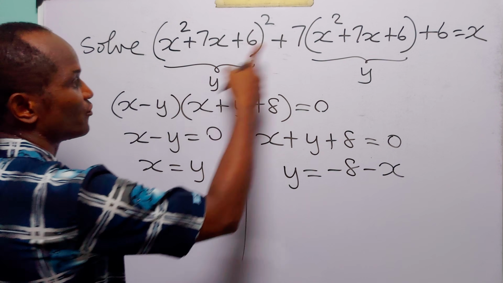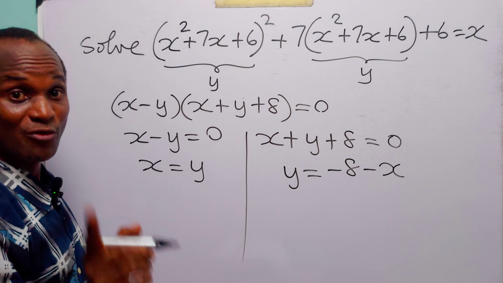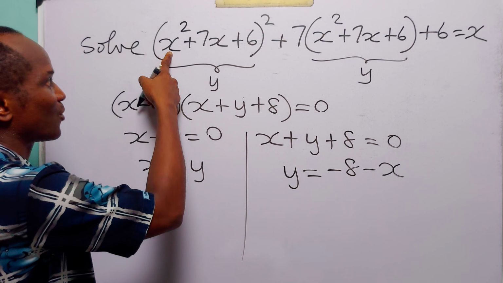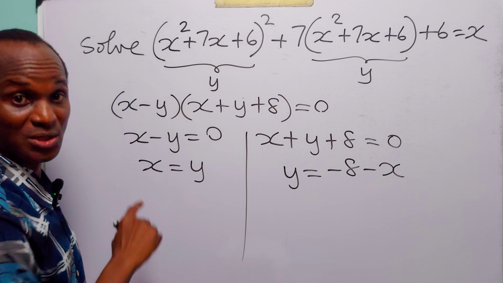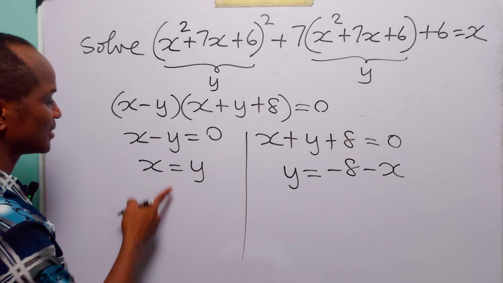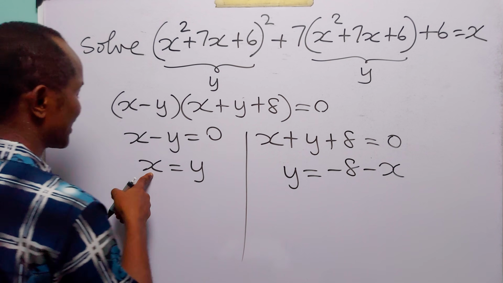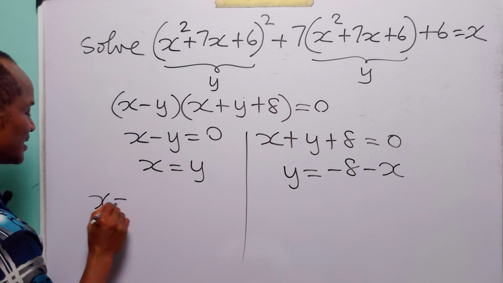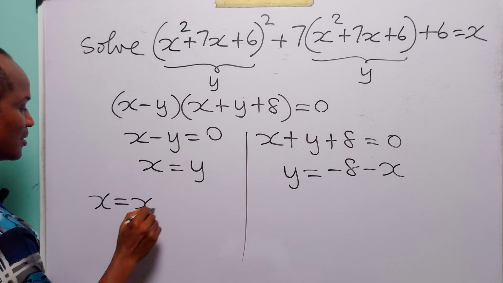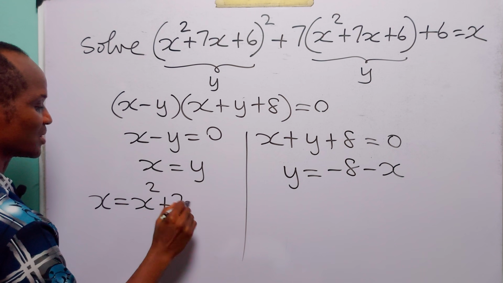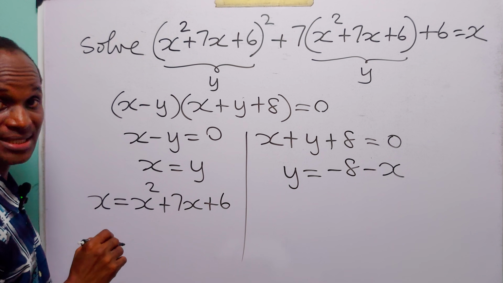Now, we go back to the original substitution. Remember that y is equal to x squared plus 7x plus 6. But now we have found that x is equal to y. So that simply means that x is equal to x squared plus 7x plus 6.